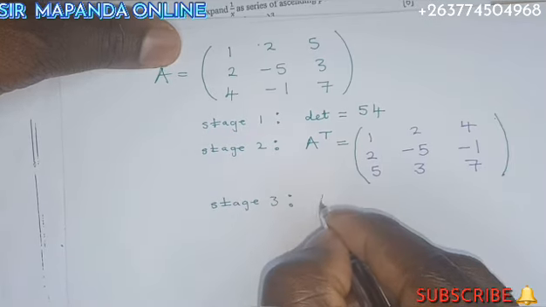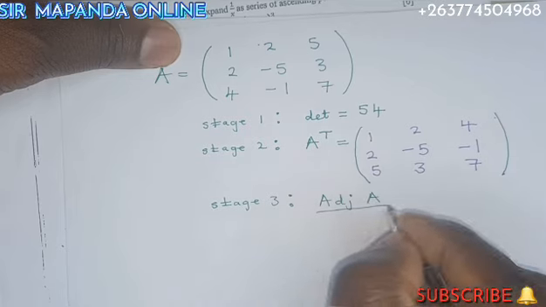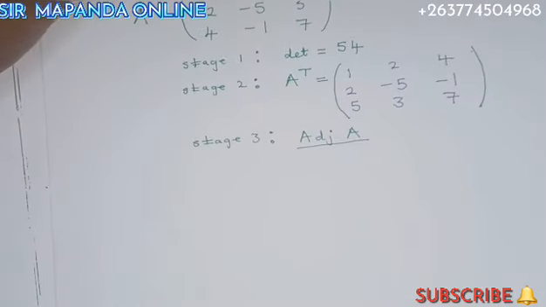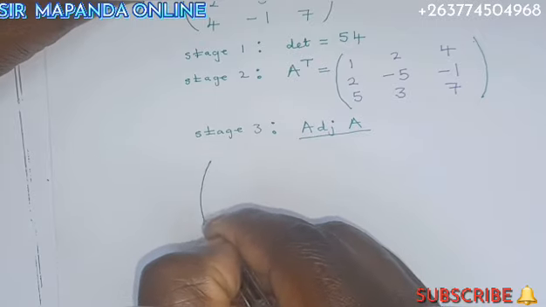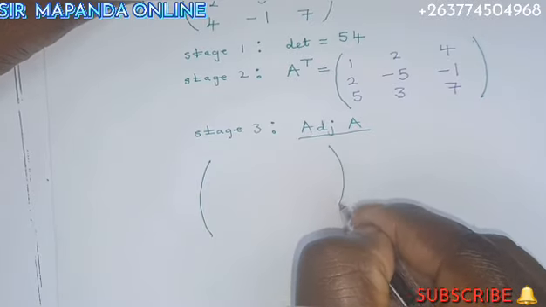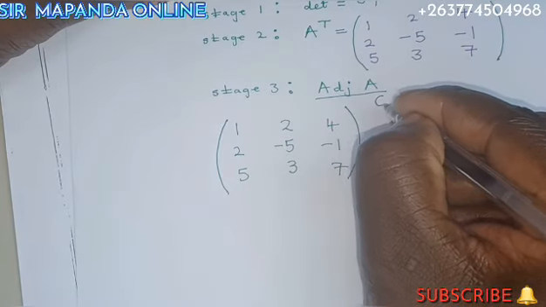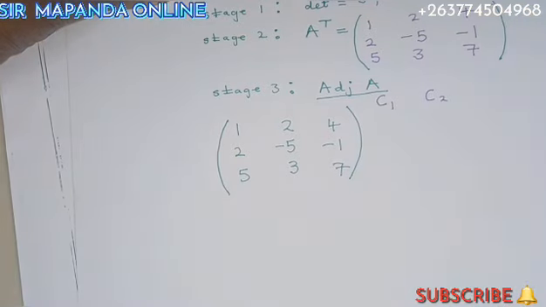On stage 3, I want to calculate the adjoint of matrix A using a shortcut. The shortcut is you start by writing the transpose that you got in stage 2 as it is. On the right side of the transpose, we want to write C1 and C2.